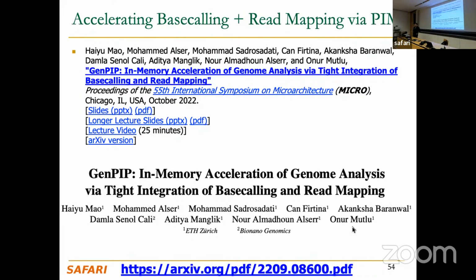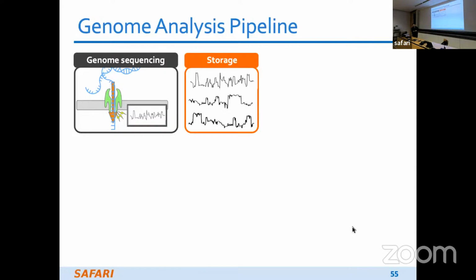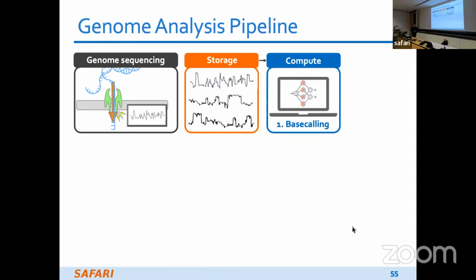But I'll basically quickly cover some of the works that we do in this direction, and one of them is GenPip. So remember, again, I'll quickly show you the steps in the genome analysis, right? We start with the data generation, which is raw data, and then this raw data is stored. And then you translate this raw data using a step that is called base calling.